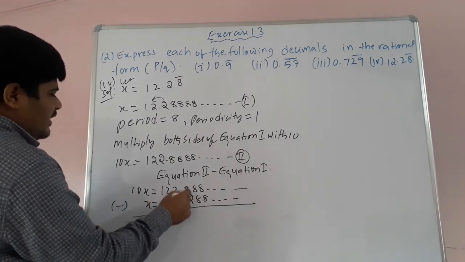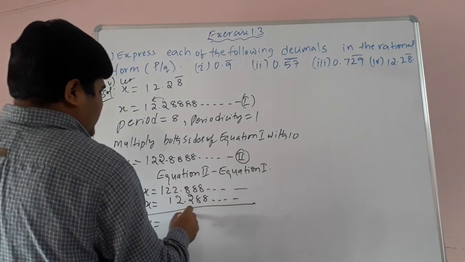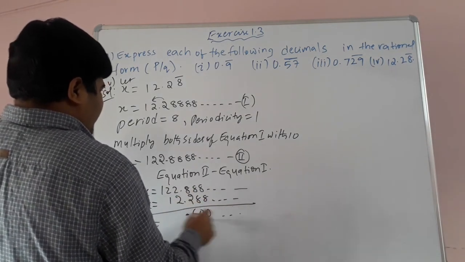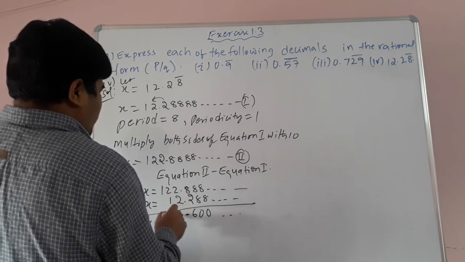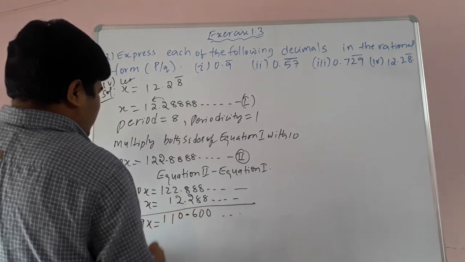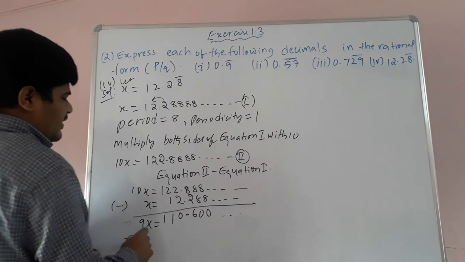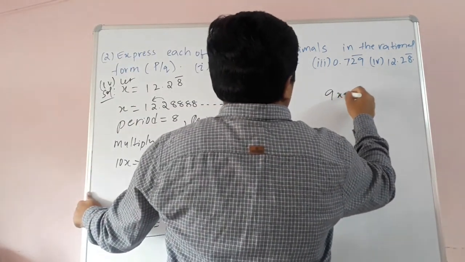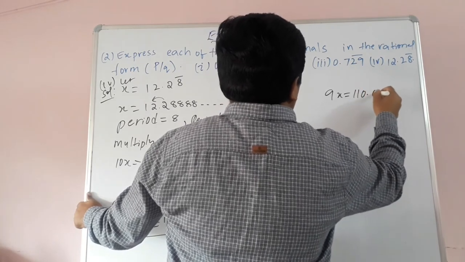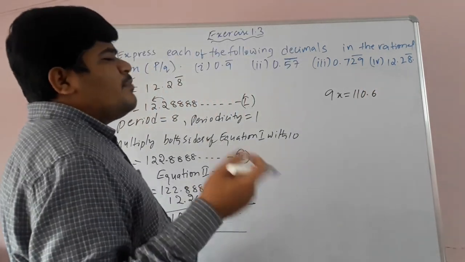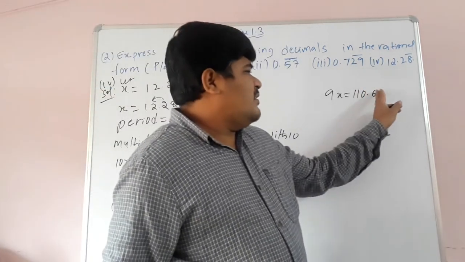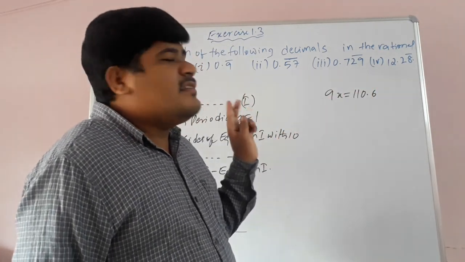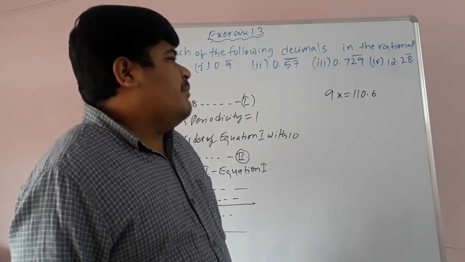That is equal to, here, 8 minus 8 is 0, 8 minus 2 is 6, 2 minus 2 is 0, 2 minus 1 is 1, and 1 as it is. So 110.6000. 9x is equal to 110.6. After the 6, zeros after the decimal point do not have any value, children. So I am writing it as 9x is equal to 110.6.